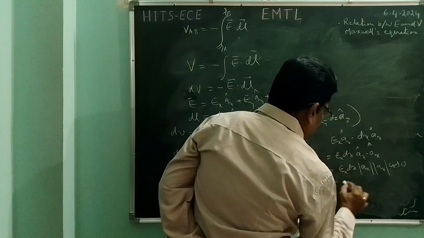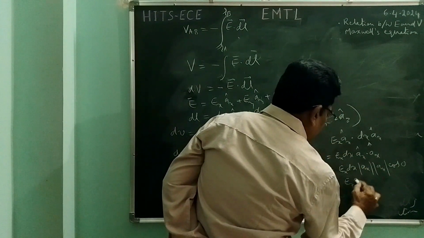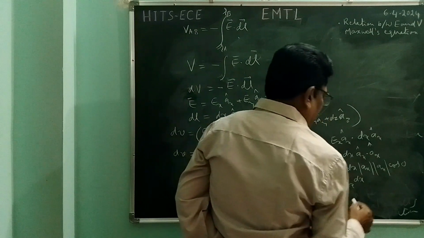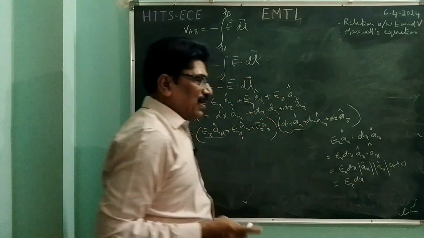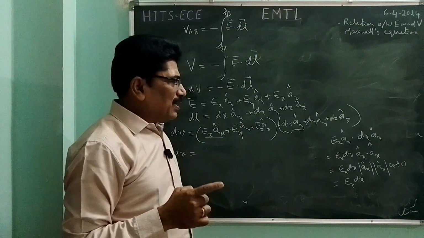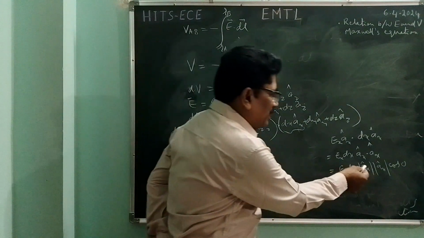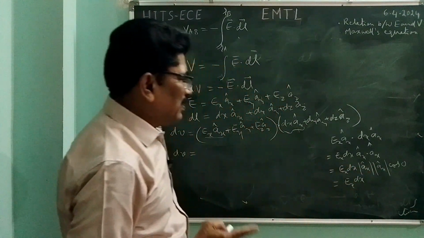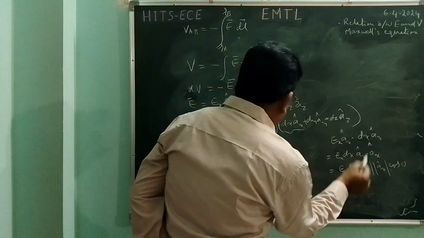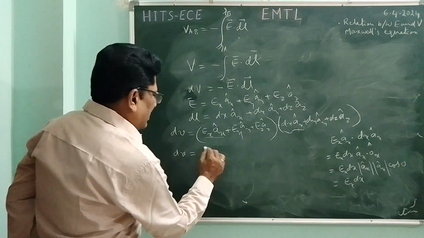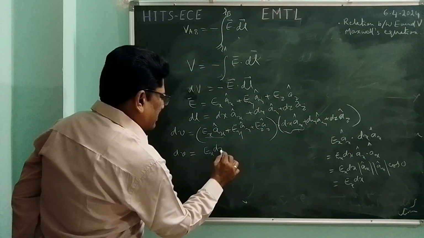Cos 0 is 1. The magnitude of Ax cap is 1 unit and the other Ax cap is also 1 unit, so 1 into 1 is 1. So the final result is Ex into dx.